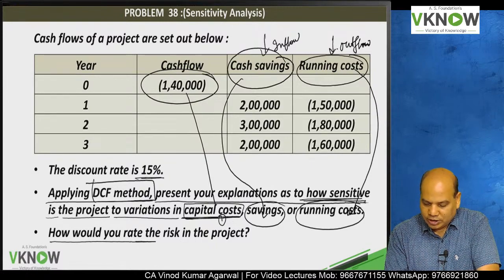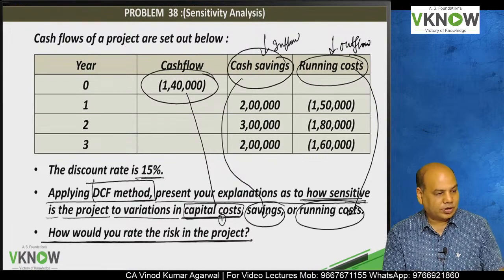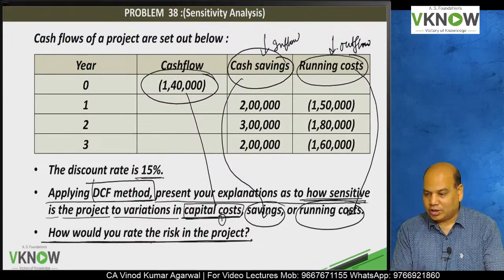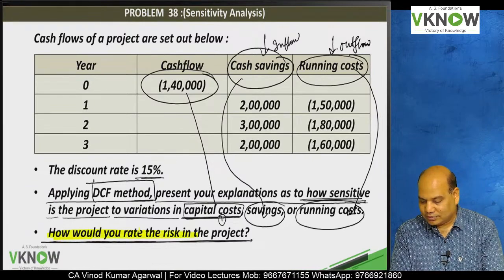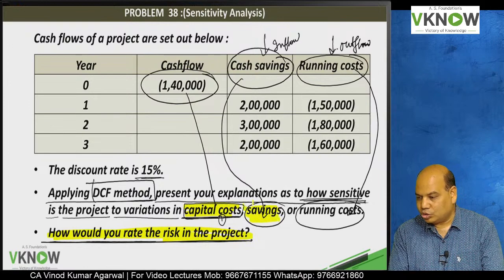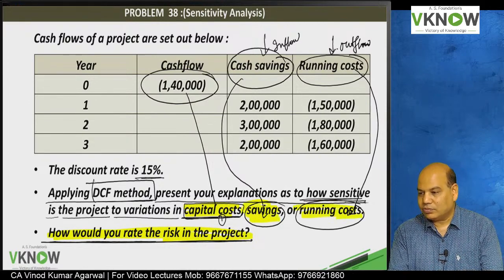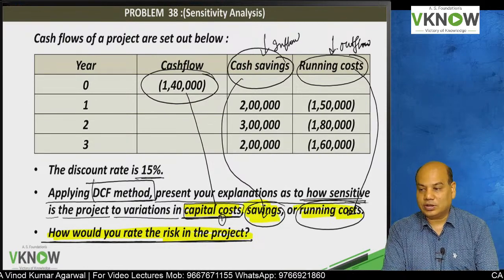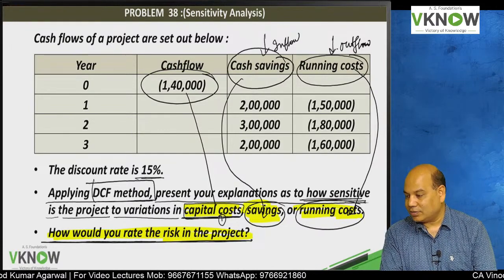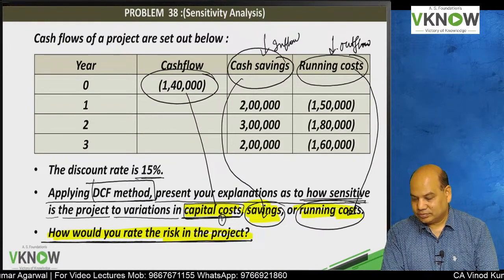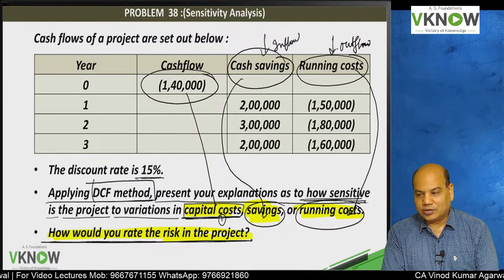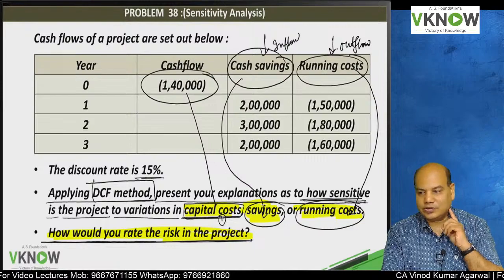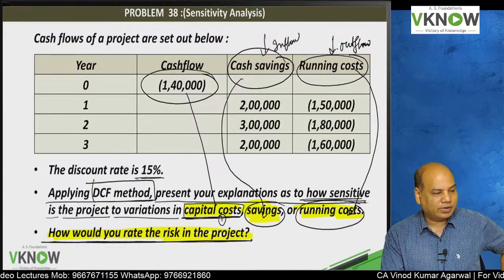How would you rate the risk in the project? That is something new. Means we'll have to rank these three numbers. The one which has lower sensitivity percentage, the project is more risky with respect to that factor, and the one which has higher sensitivity percentage, the project is less risky with respect to that particular variable.